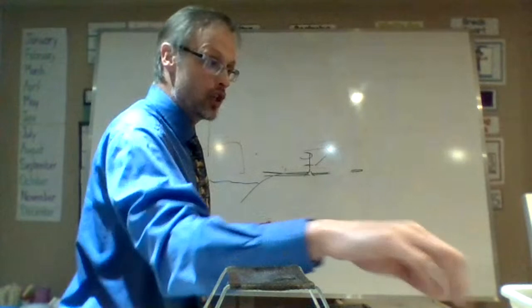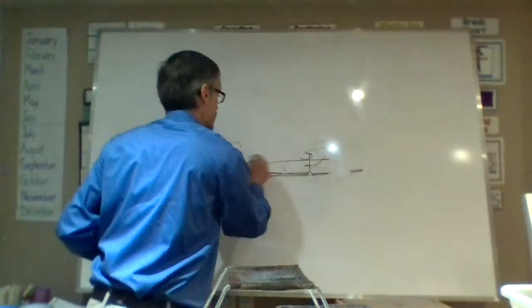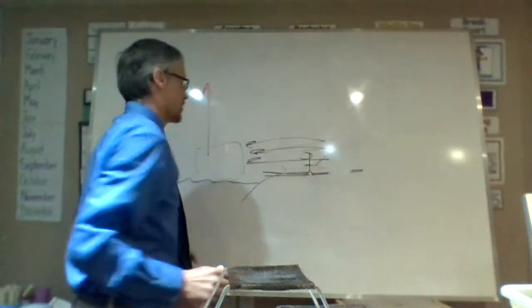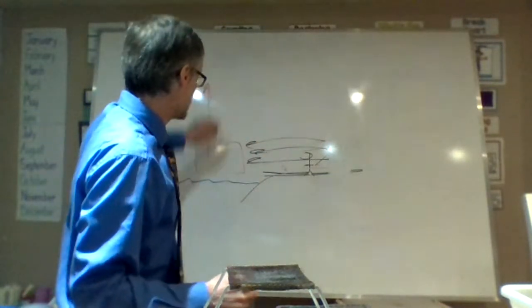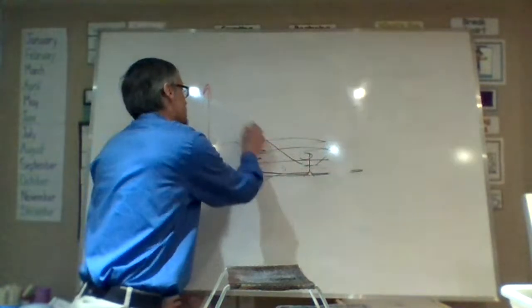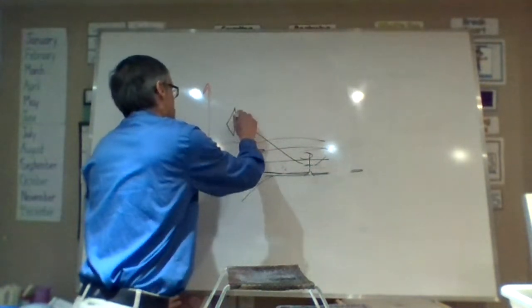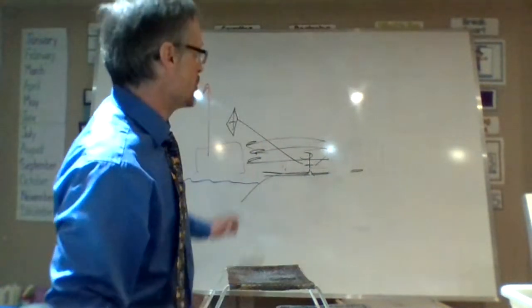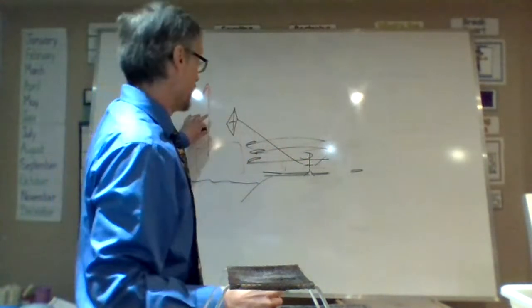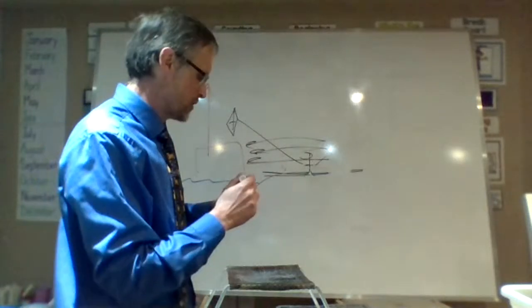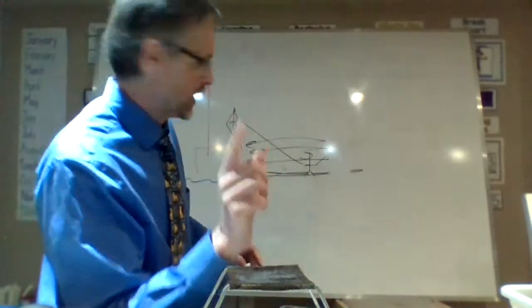So at night, you have a breeze going in the opposite direction. Sometimes you experience it at night, sometimes not. You have an offshore breeze. So you fly your kite in the opposite direction. I don't know if I've ever experienced that, but theoretically that should happen.